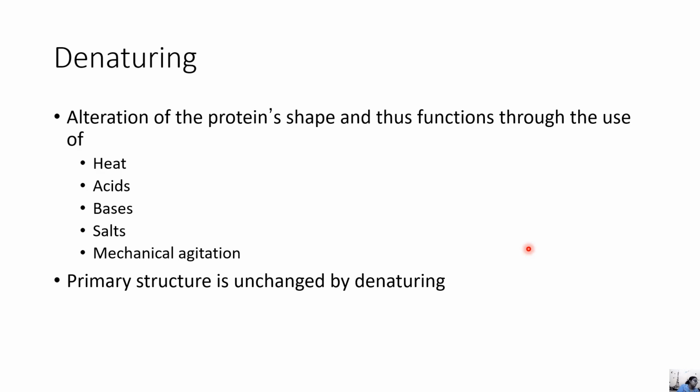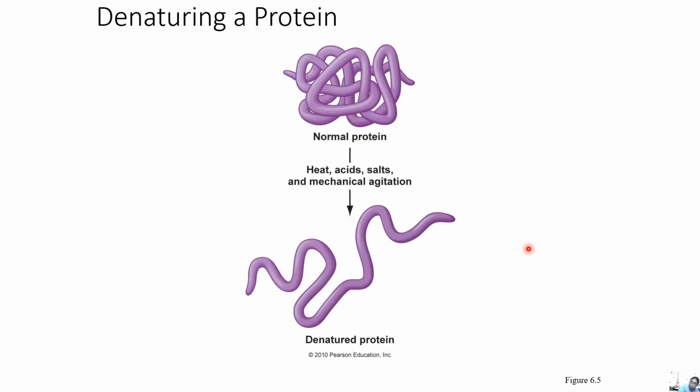That is the sequence of amino acids that cannot be changed even with denaturing. So this is how a normal protein will look. You can denature using these reagents and make the protein look like this.